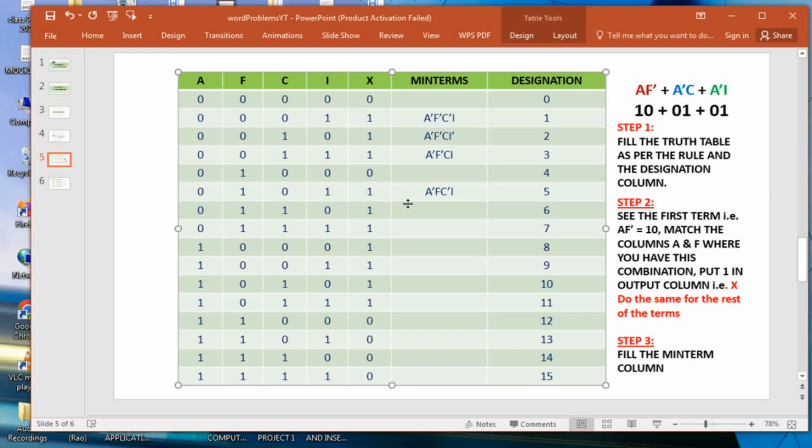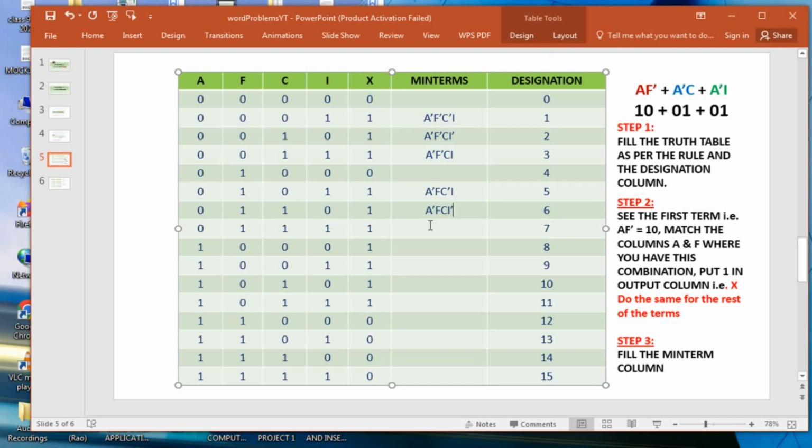So A is complemented, then in this row F is normal, then this one is also normal, that is C is normal, and then I is complemented. Okay, so this is what the thing is.